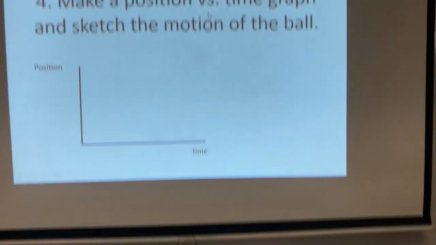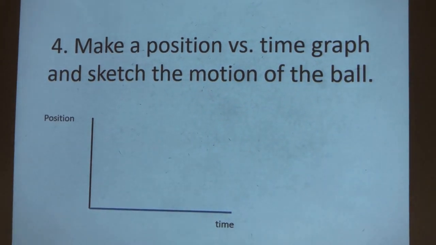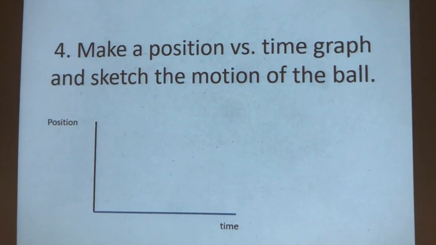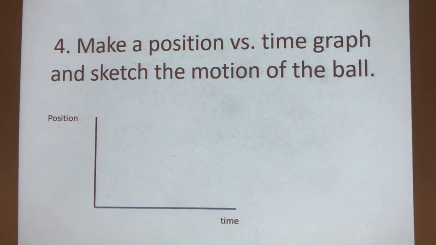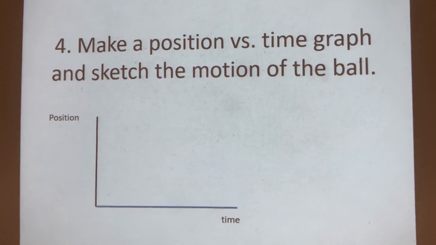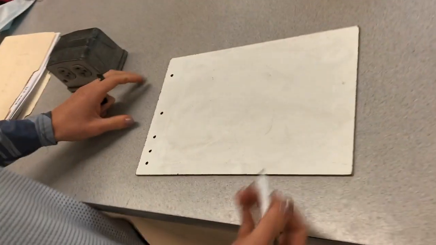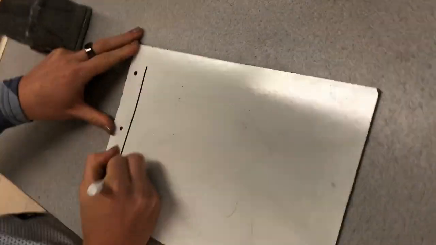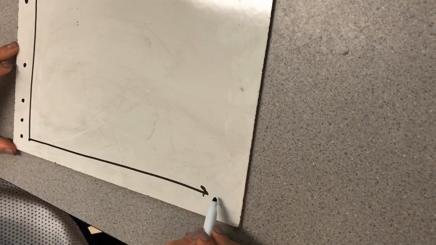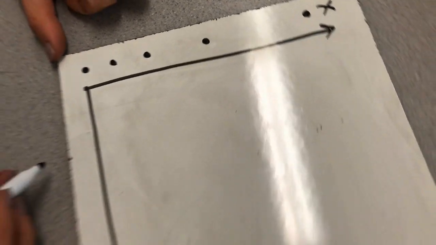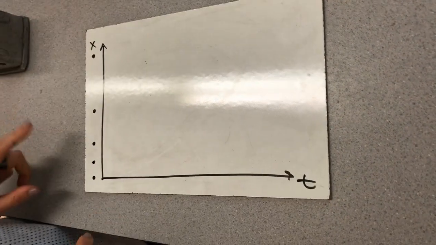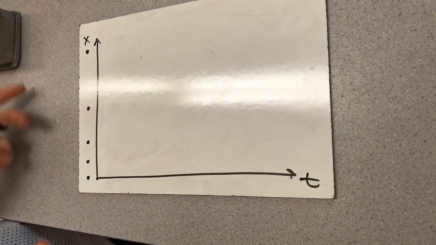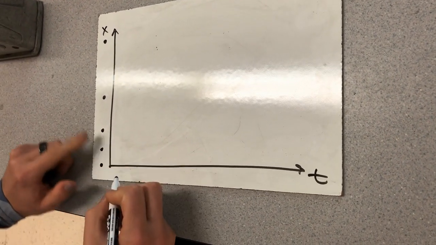Now pause the video. Make a position versus time graph and sketch the motion of the ball. Sweet. Now let me show you a trick. Okay, so X is for position. Time is over here. You took the motion diagram and turned it on the vertical axis. So we've got 1, 2, 3, 4, 5.